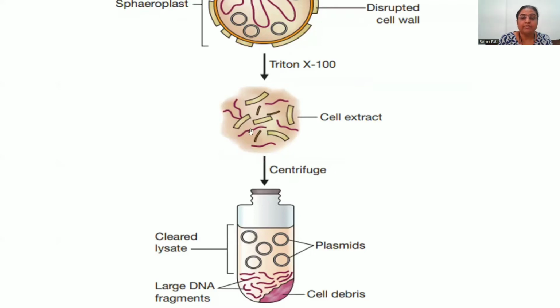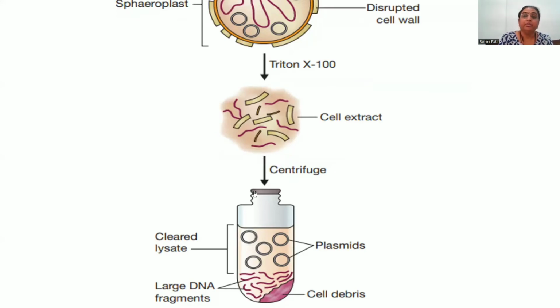So fragments of the DNA are generated. This pink color is the genomic DNA fragments that are generated. So in this cell extract, there will be carbohydrates, lipids, proteins, the broken genomic DNA, and RNA also.